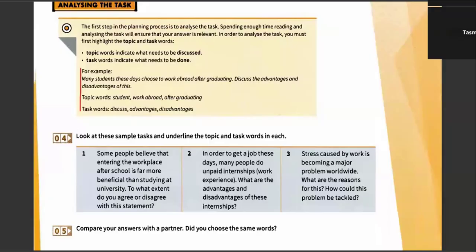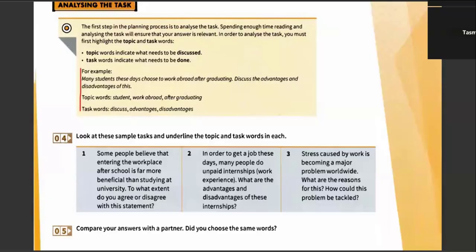So the topic words are some people, entering the workplace after school, beneficial, studying at university. Quite close. Some people is not necessary. Workplace after school, this is important. More beneficial, this is important. And university. We do study at university, right?